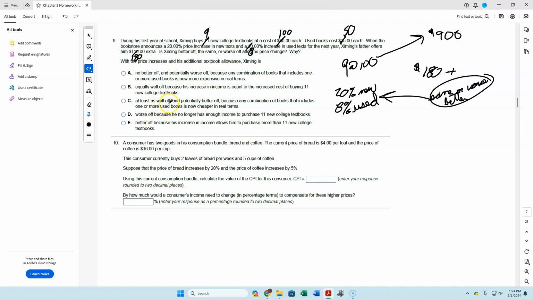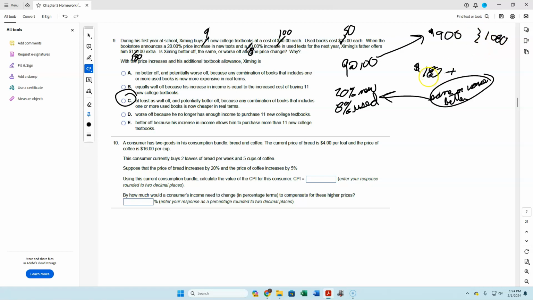Now, how did I know that? So the correct answer is here. How did I know that he'd be at least as well off? Because essentially, right, if he only bought new textbooks, he would have spent $900, and then after the 20% increase, he would have spent $1,080, because that would have been the price after the change, 20% higher, which is $180.